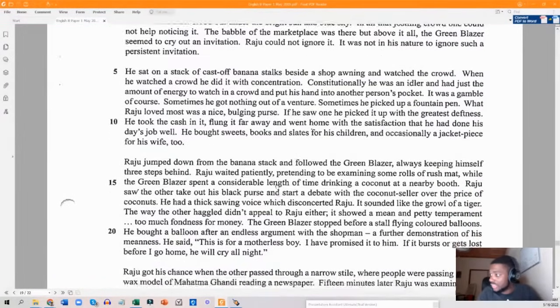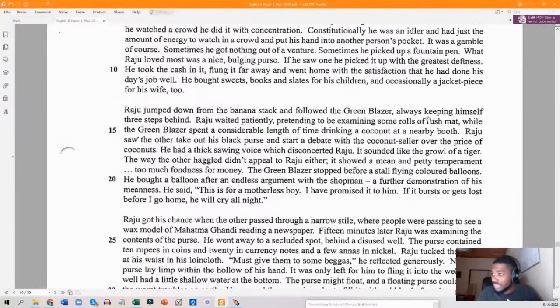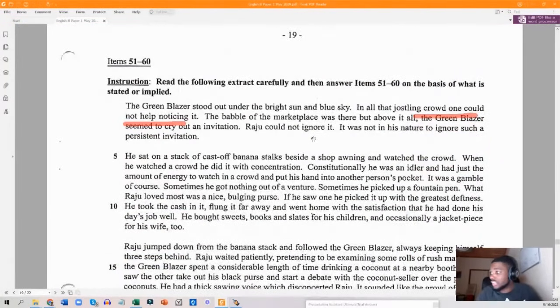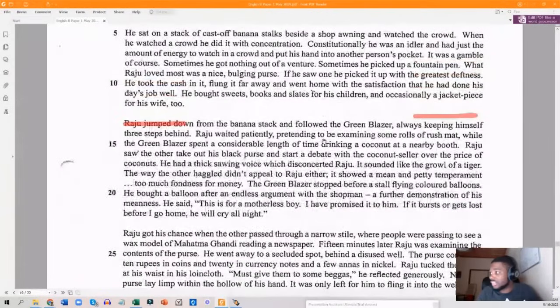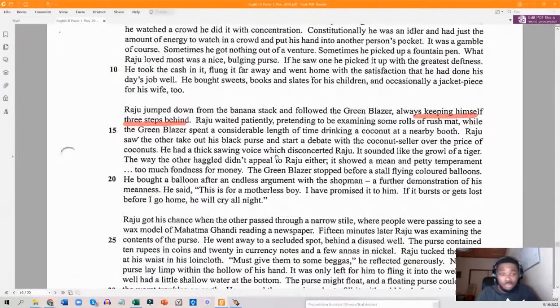Keeping himself 3 steps behind. So he's trailing. Yeah, so keeping himself 3 steps behind, just like a hunter might be trailing a deer, or just like a tiger might be trailing its prey. He waited patiently.